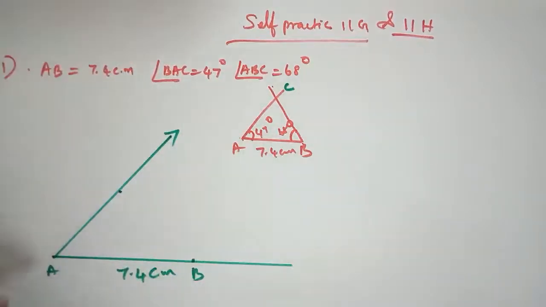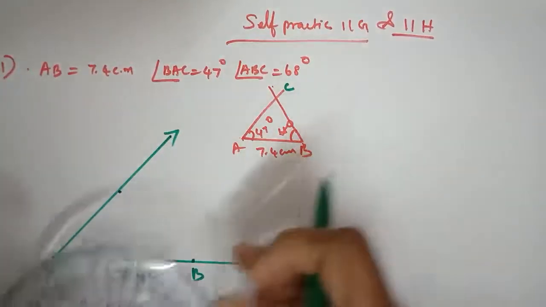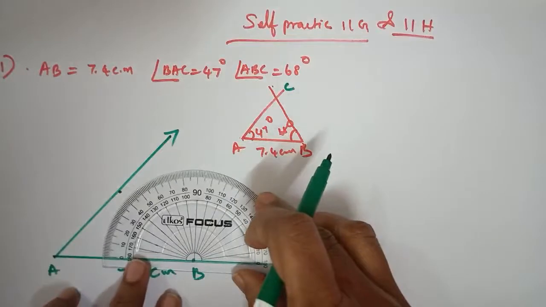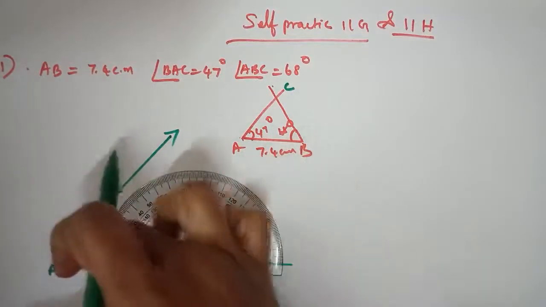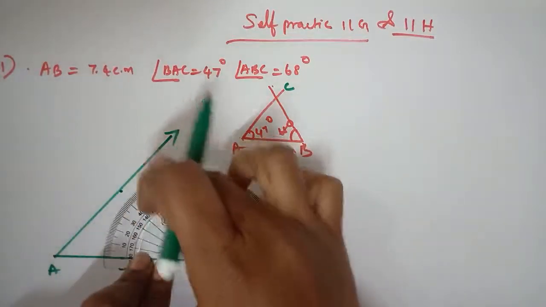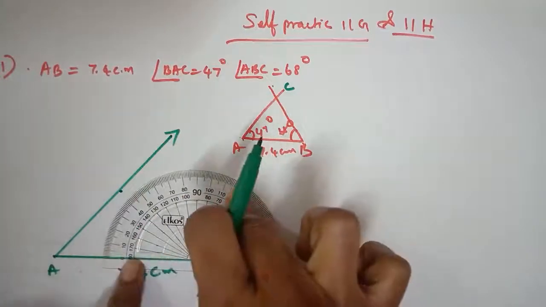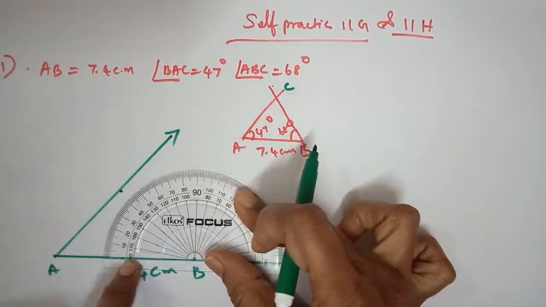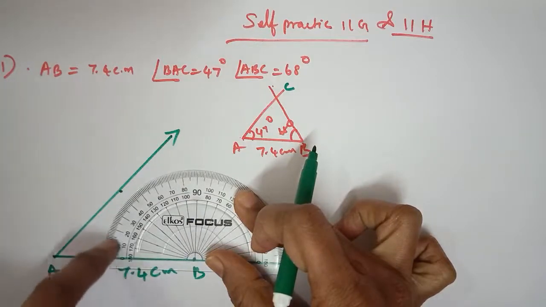Okay, here ABC 68 degrees. So here students listen, this is the baseline. Baseline is either this side. So you should take points from the upper values.